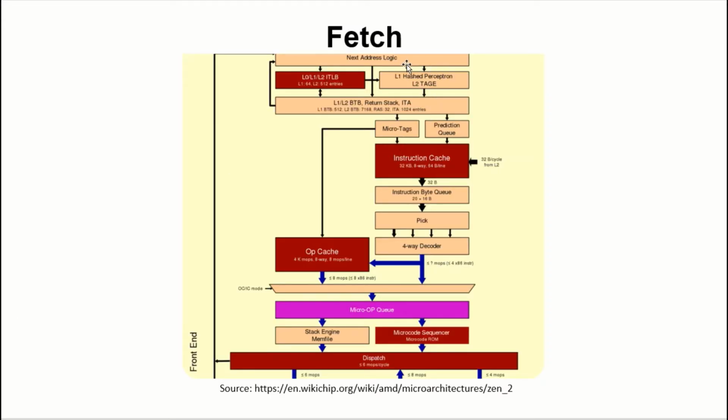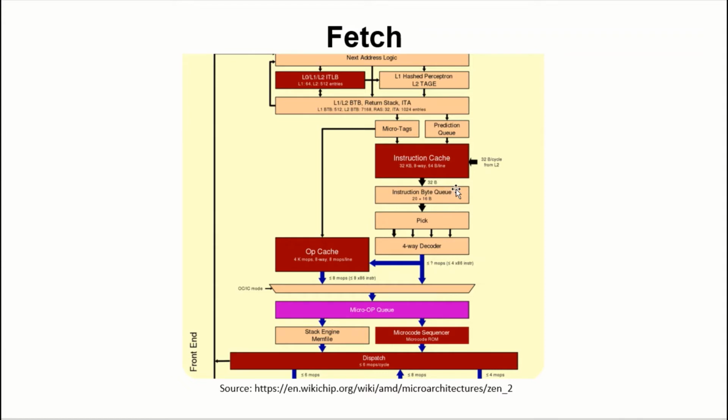For the instruction fetch and decode, the instruction fetch unit reads 32 bytes per cycle from a 32 kilobyte 8-way associative L1 instruction cache, and the cache line size is 64 bytes. Cache lines are fetched from the L2 cache, which has a bandwidth of 32 bytes per cycle.